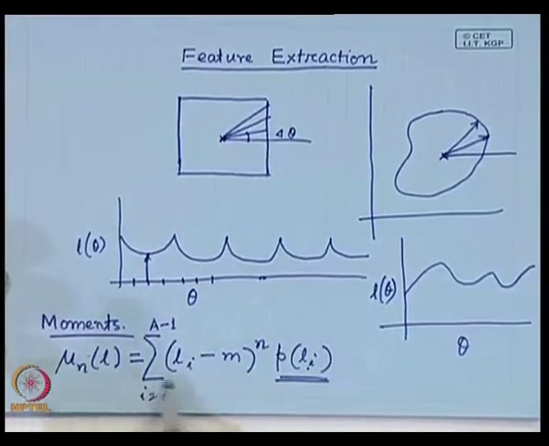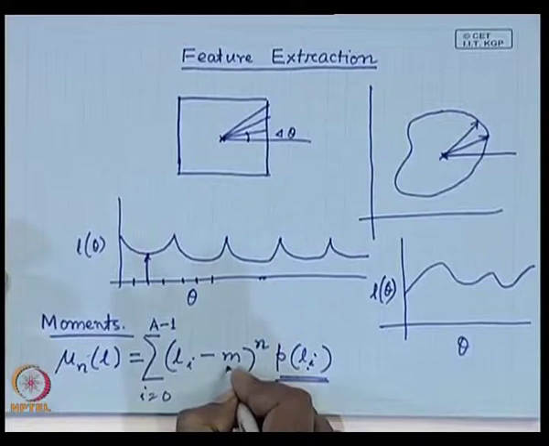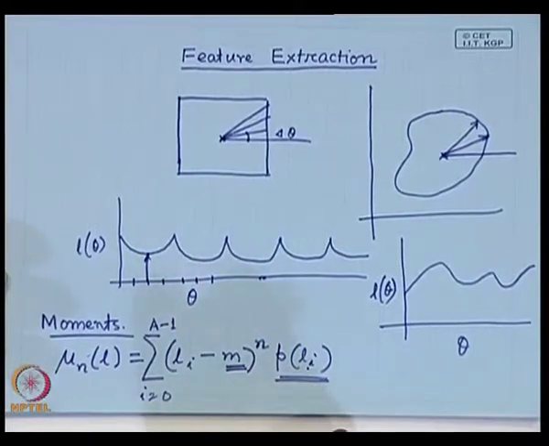Then, by using this expression, I get the nth moment of the distance values, and m in this case is the mean of those distance values.